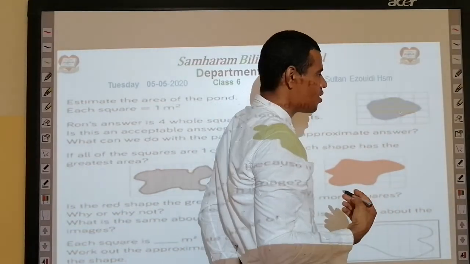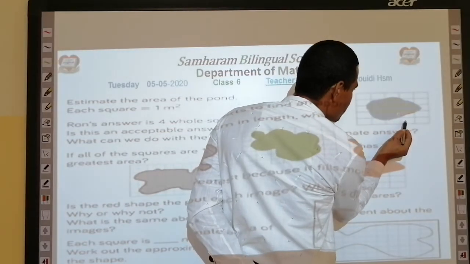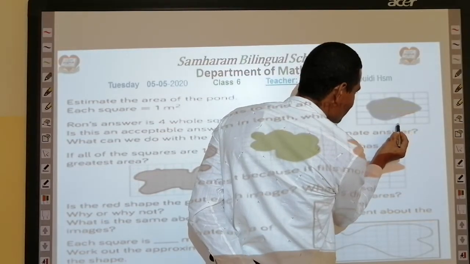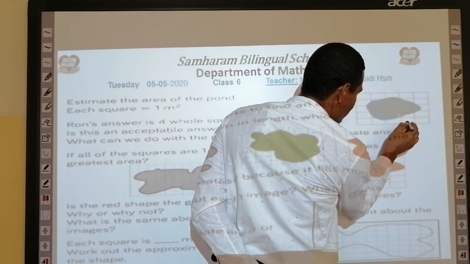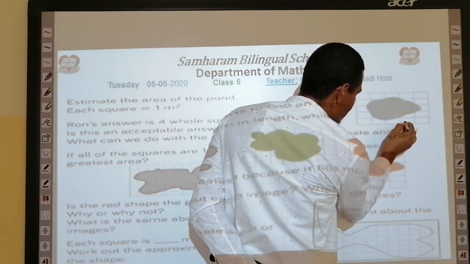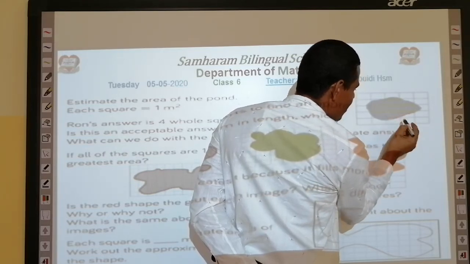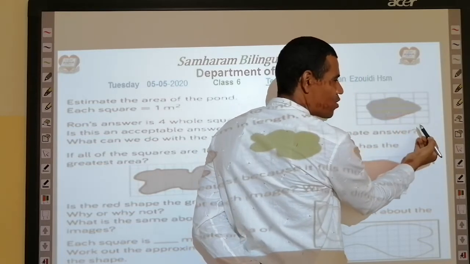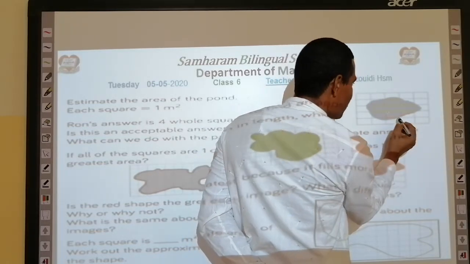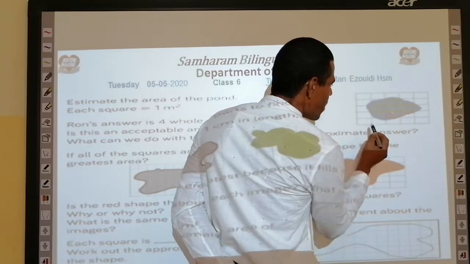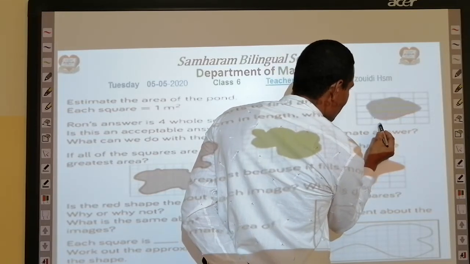Don't take it into consideration. This one is more than half a square but less than 1 square, so I will consider it.